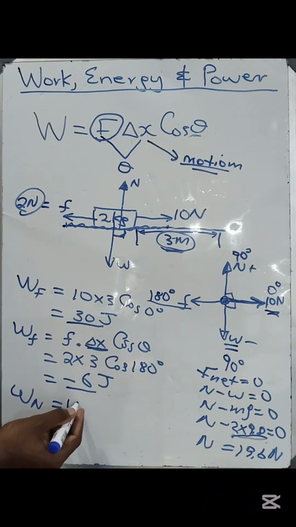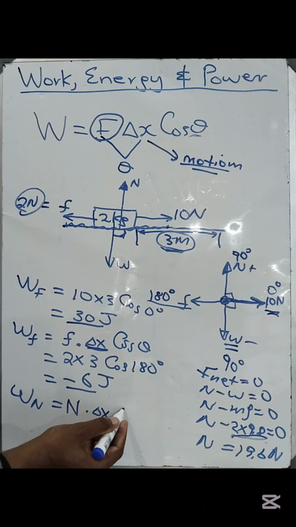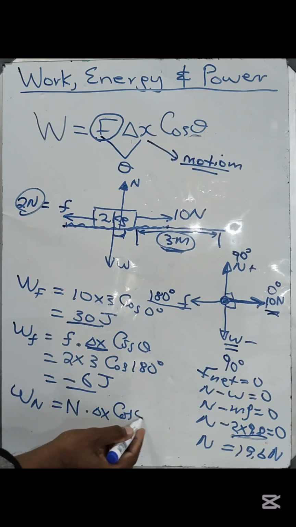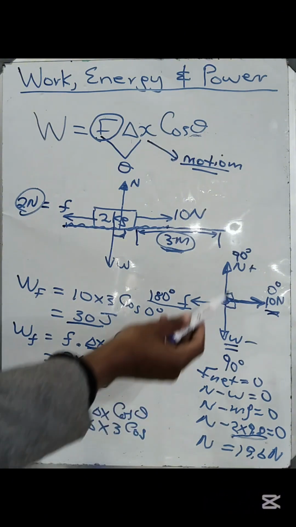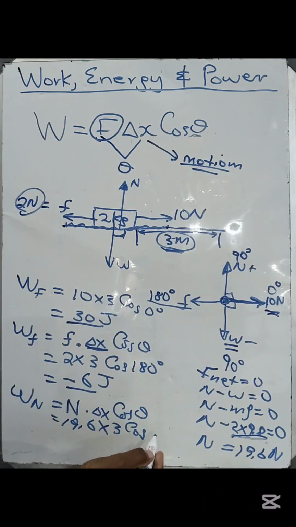So in place of the force we put the normal force times delta x cos theta. The normal force is 19.6 times delta x, which is 3, times cos of the angle of the normal force, which is 90. So when you press the calculator, you get 0 because of this 90, which means the normal force does no work on an object.